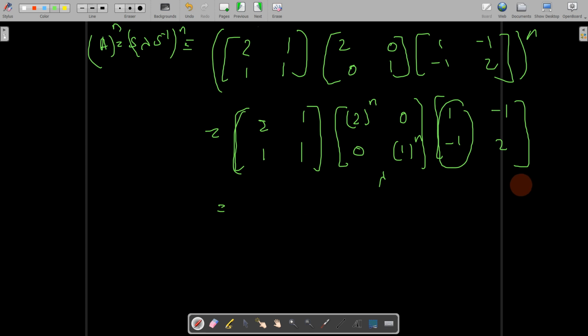Let us see what we will get. 1 times this and minus 1 times this, if you add, you will get 2 power n, and minus 1 power n, and minus 2 into 1 power n, and 2 times this, 2 into 1 power n.